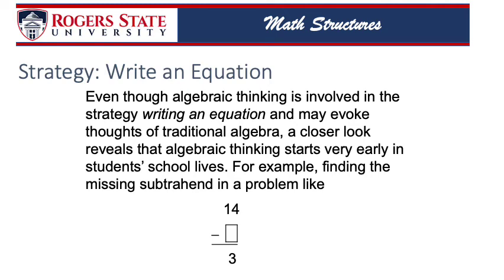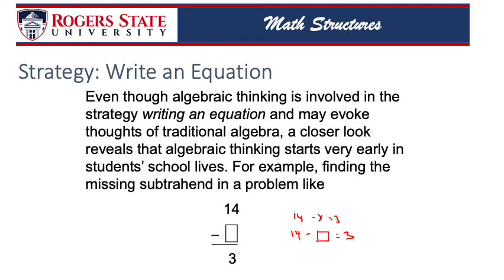Well, you all know how to do that in terms of algebra. You would write 14 minus x equals 3, right? Well, what they're writing is 14 minus something equals 3.